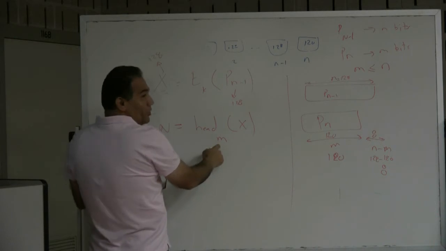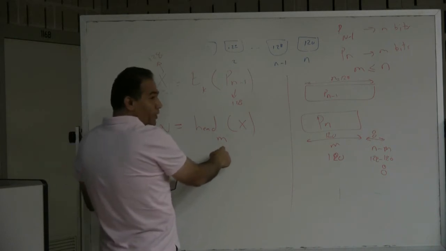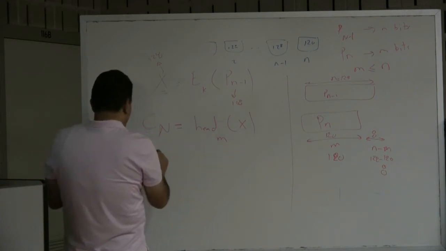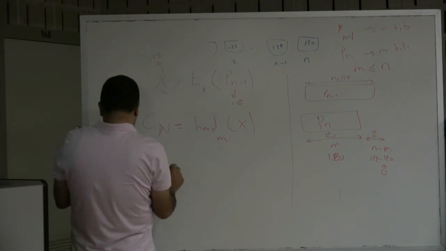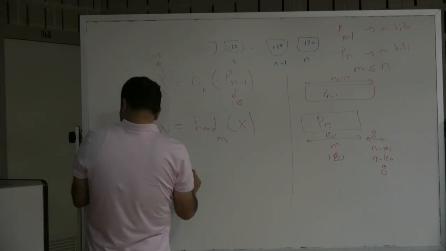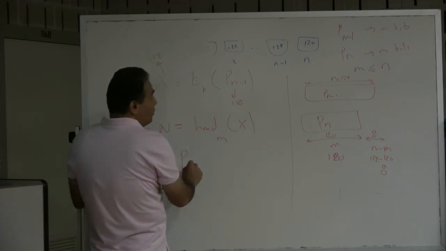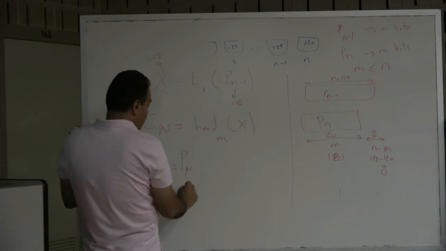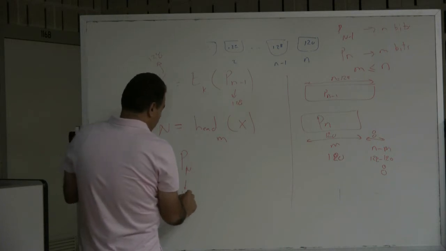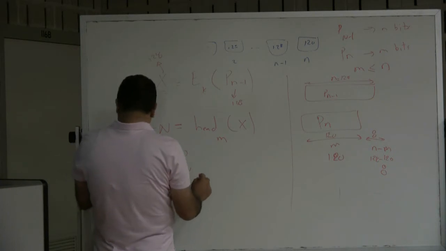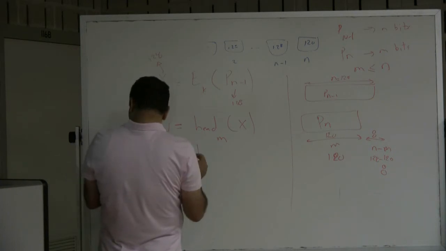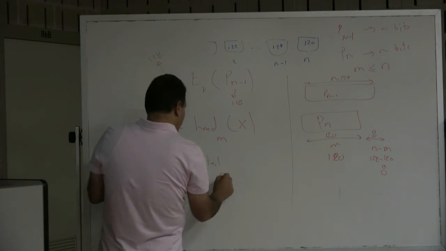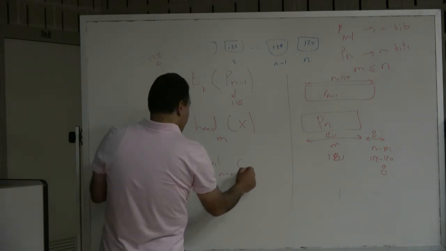Then I take the 120 bits, the head of it, and I create another plaintext, y equals Pn, the last one, which is 120 bits, and I tail it with the last n minus m bits of x.